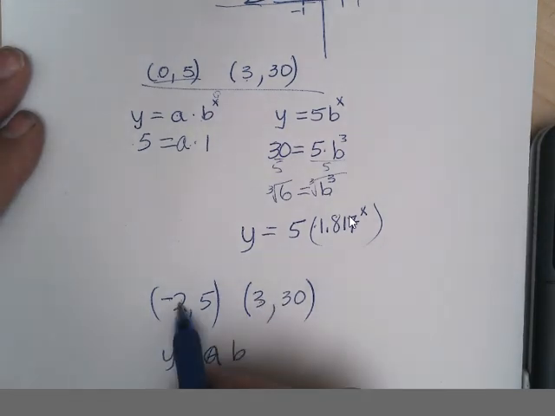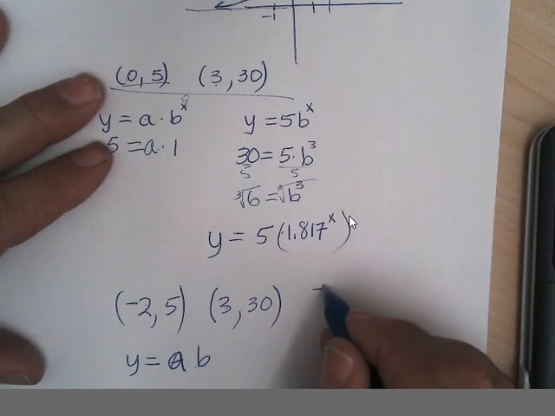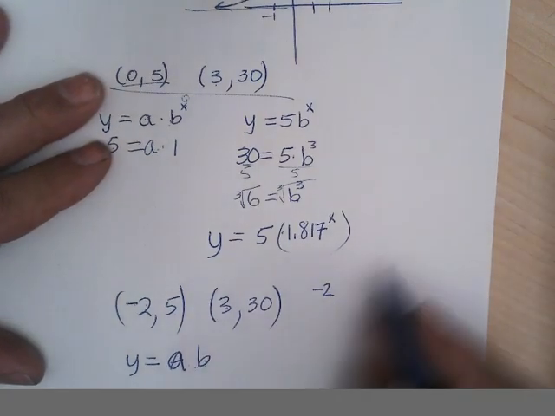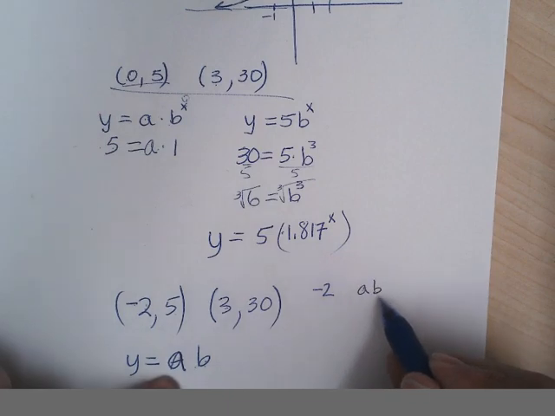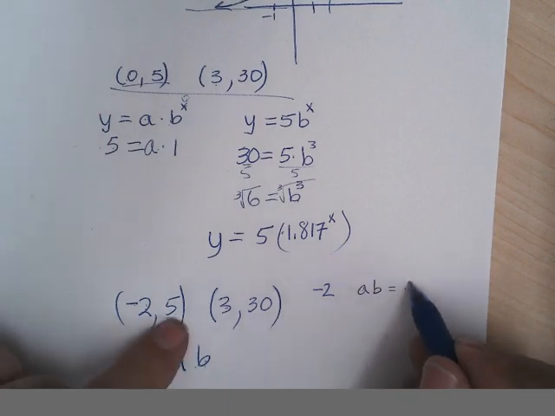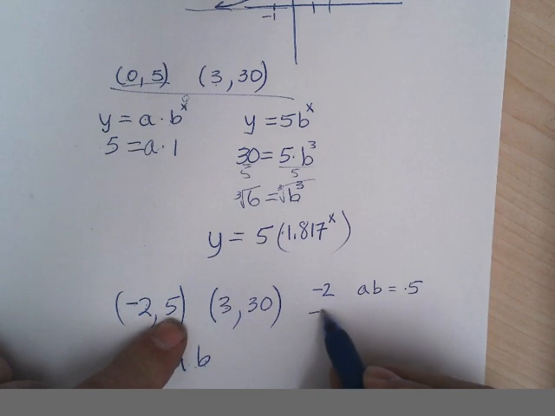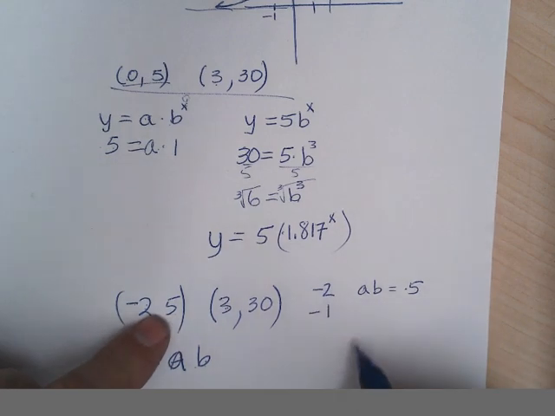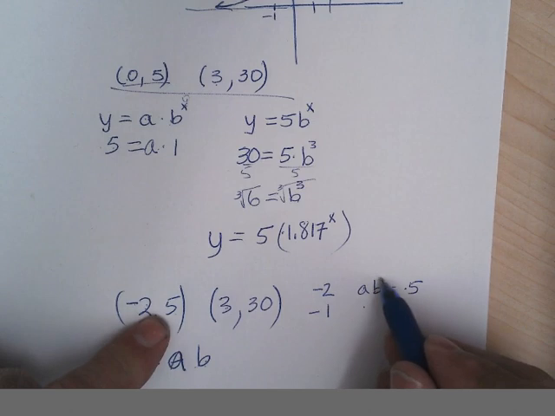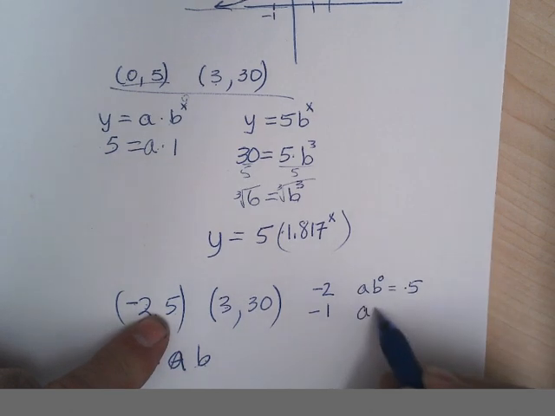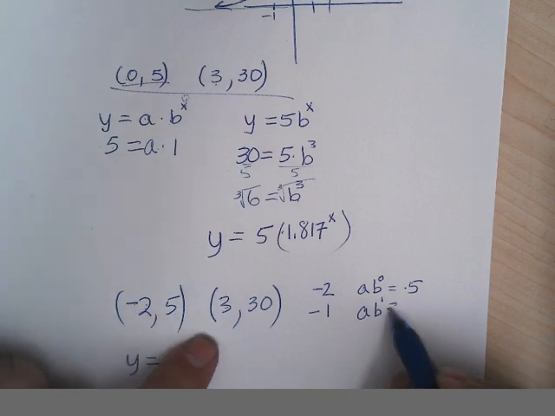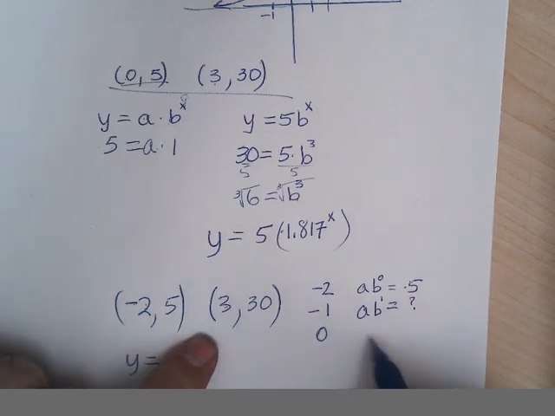That's how many steps. At -2, I'm supposed to multiply by the base: a times the base is supposed to give me 5. Then when I'm at -1, I'm going to multiply by the base one more time. So a times the base once will get me to the next place, which I don't know. And then at 0, a times the base to the 2.